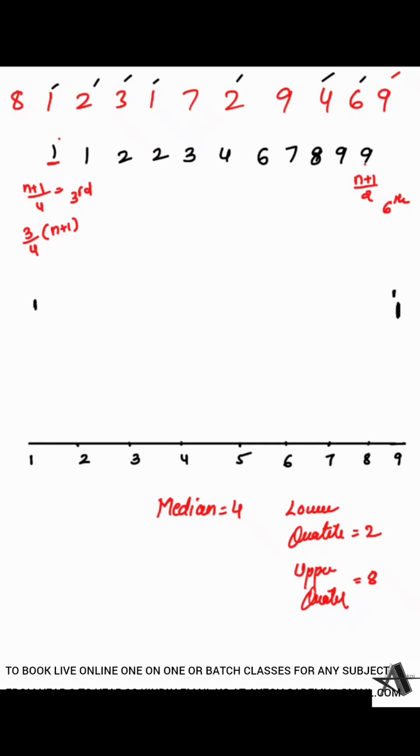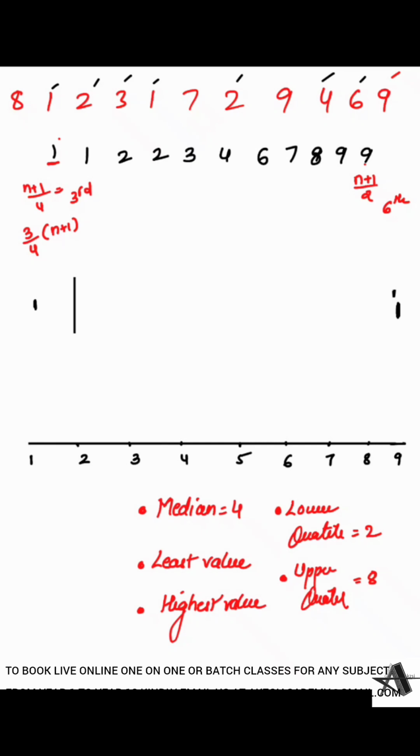For a box plot, what is important? I'm writing: median is important, lower quartile is important, upper quartile is important, least value is important, and highest value is important. So least value, highest value I have plotted. Then lower quartile, which is 2. So lower quartile is here. For that I need to make a straight line like this.